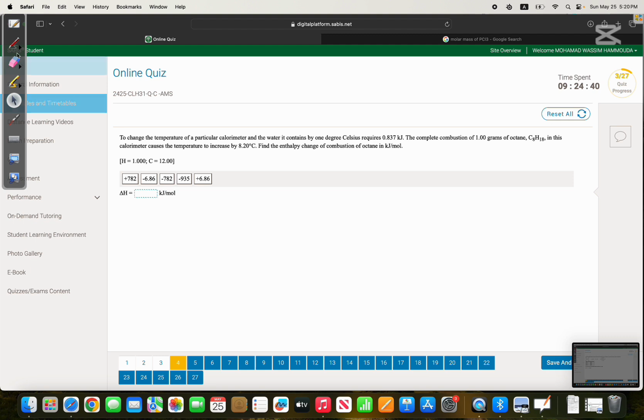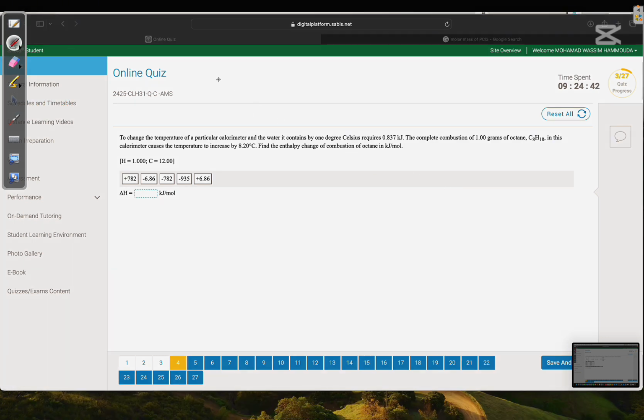First of all, we need to find the Q, which is the heat, the energy needed to change a certain amount of grams of a specific material by a certain degree Celsius, for which we use mc delta T. But in this case, they didn't give it per gram, so it's going to be capital C delta T.